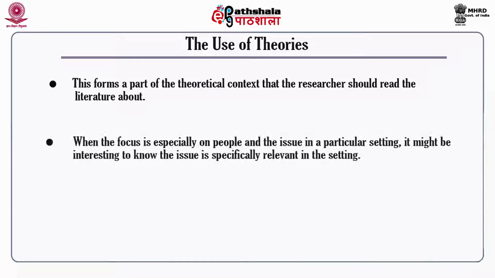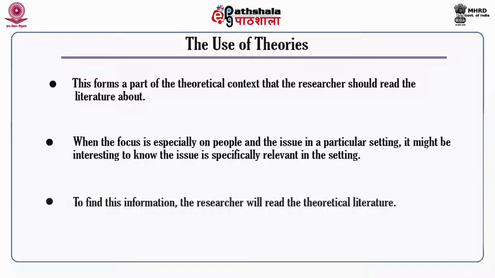When the focus is especially on people and the issue in a particular setting, it might be interesting to know whether the issue is specifically relevant in this setting. To find this information, the researcher will read the theoretical literature.